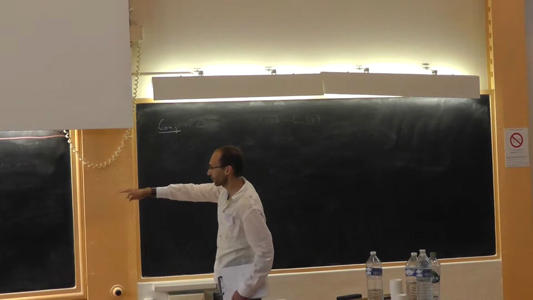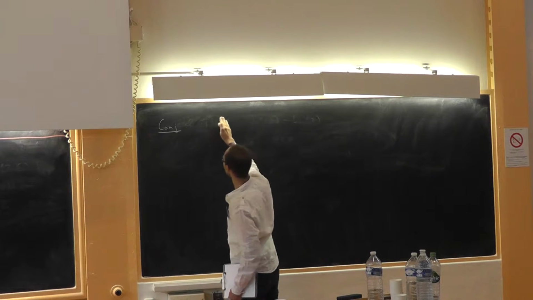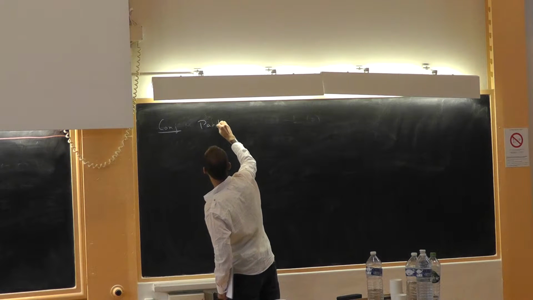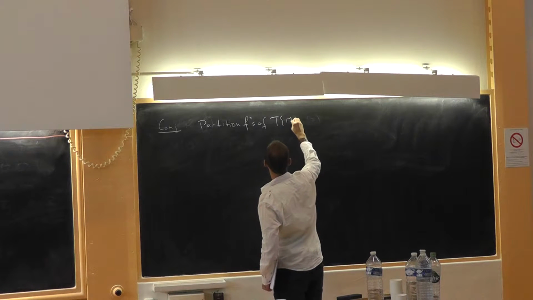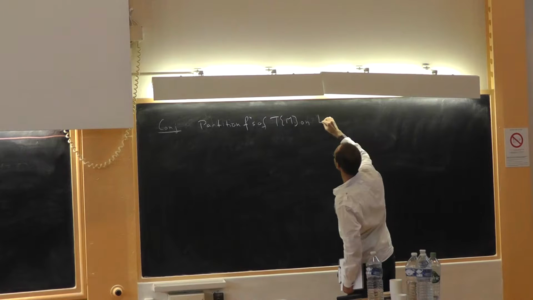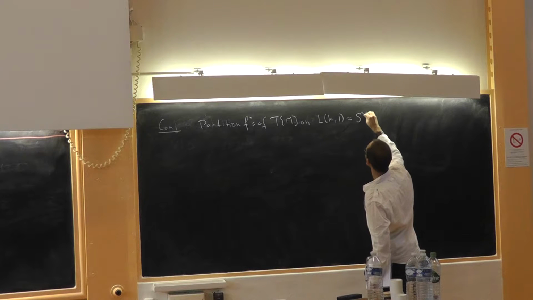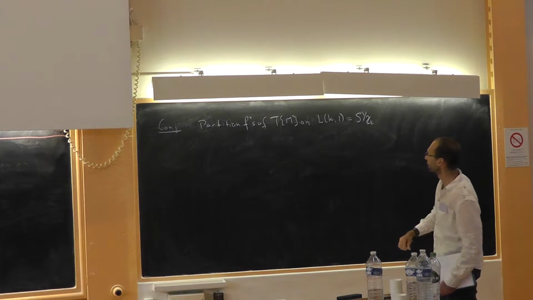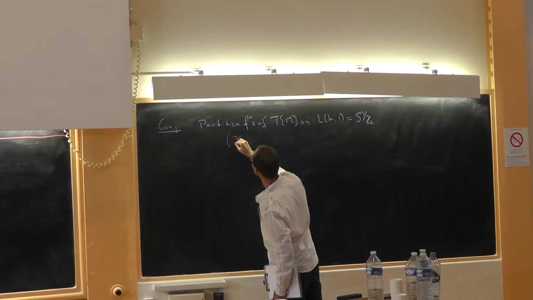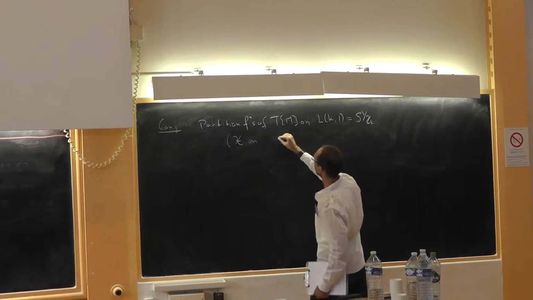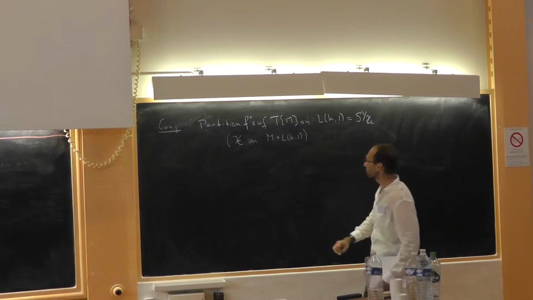that partition functions of T of M on simple spaces like lens spaces, so partition functions of T of M on L(K,1), which is the Z_K quotient of the 3 sphere. And again, I can also interpret this as partition functions of theory X on M times L(K,1) in 6 dimensions.